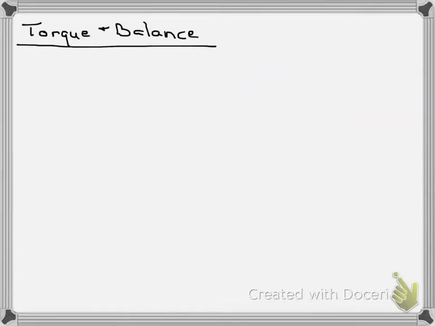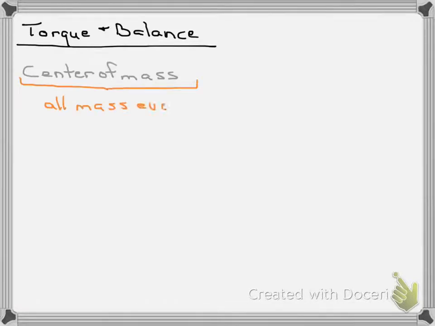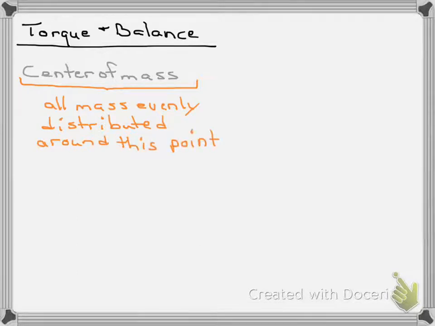Well, our last topic for the semester is going to be torque and balance. And in order for us to understand how and why things balance, we need to talk first about center of mass. And center of mass is the point where all the mass of an object appears to be uniformly distributed around that point.